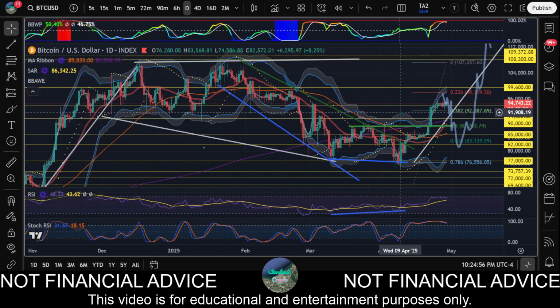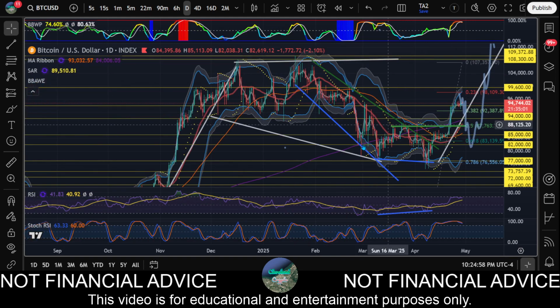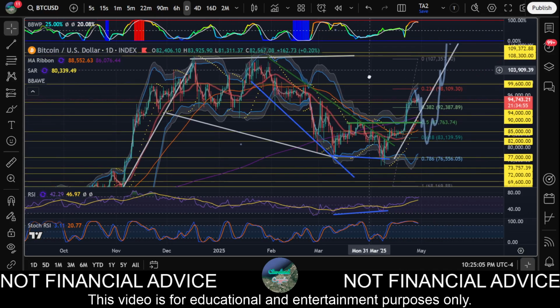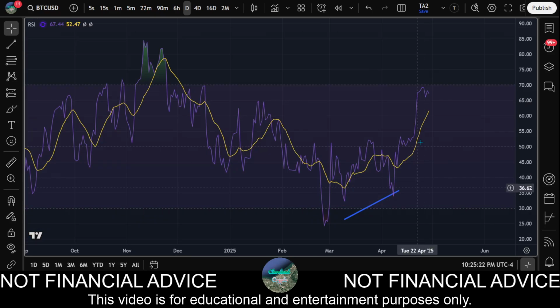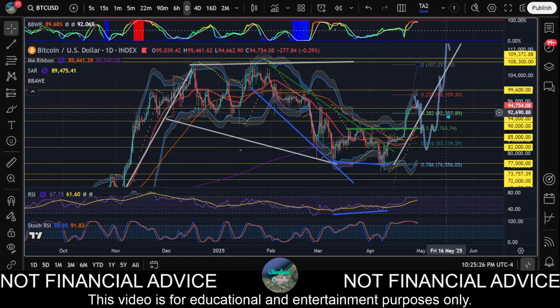More bullishness because of the bull flag, downward trending wedge, which usually turns into an upward trending wedge. Bullish div right there. But we are overbought on the Stokes, so a bit of a pullback wouldn't be unheard of, but the RSI is very strong, very far above its signal line.